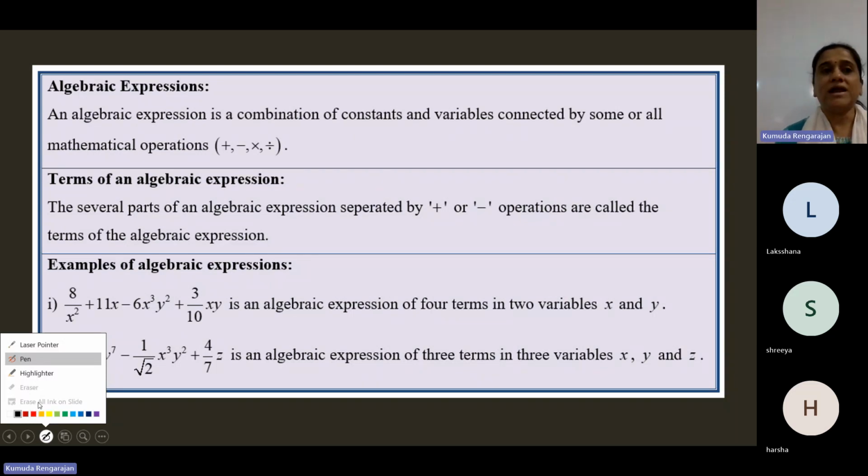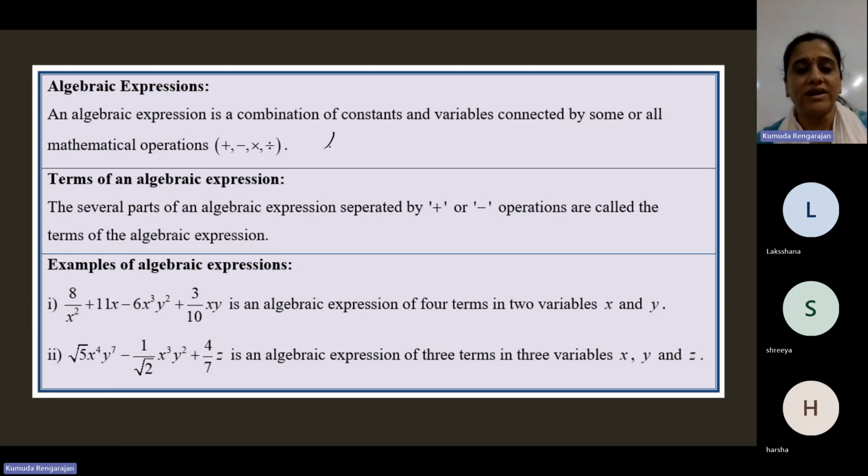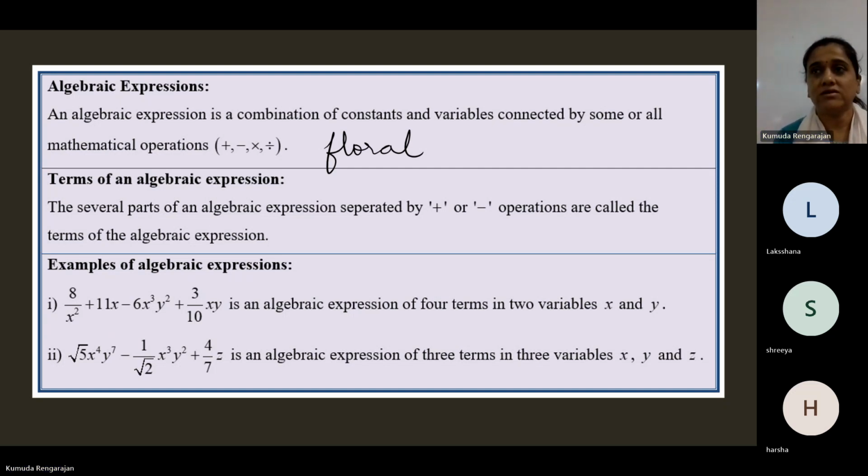All right. So an algebraic expression, this is the definition. An algebraic expression in which the variables involved have non-negative integral powers. Integral meaning of integers. Like floral means of flowers, right? When we say a floral design, meaning a design made up of flowers.